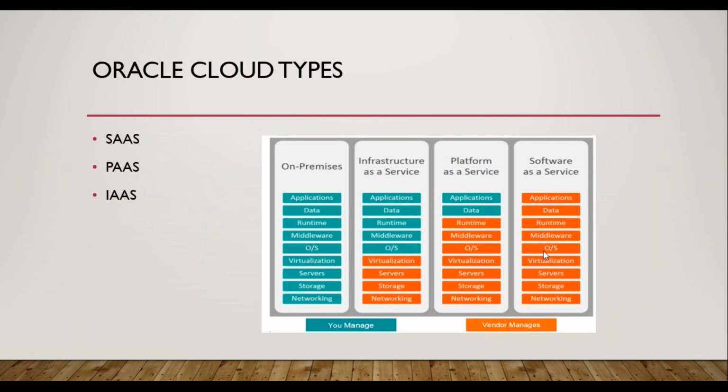The vendor here is Oracle. Oracle itself will maintain everything: applications, data, runtime, middleware, OS, virtualization, servers, storage, networking. If anything goes wrong, Oracle will take care of it. Our job is to raise the SR, and they will look into it, make the fix, and get everything done for you.